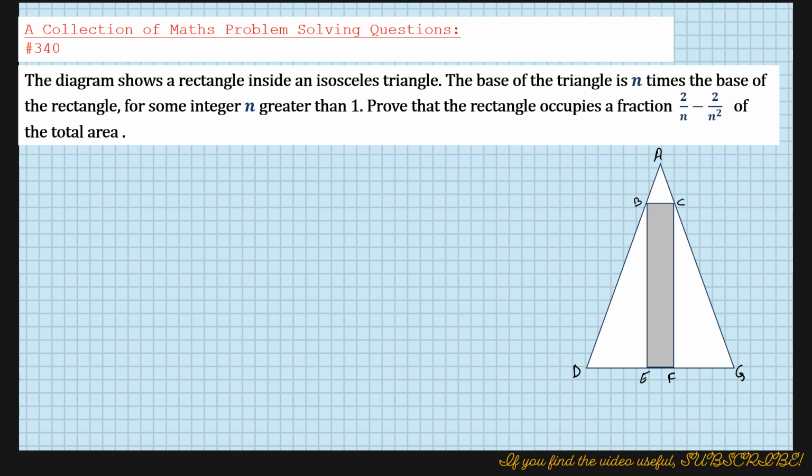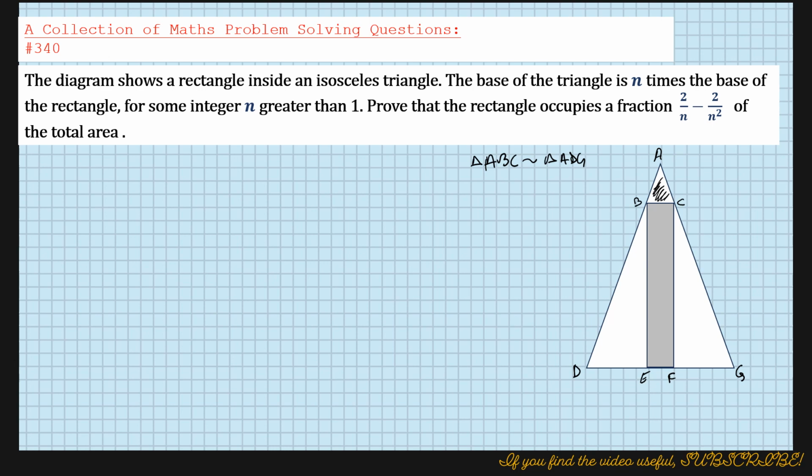Now you see the triangle ABC would be similar to the triangle ADG. So right hand triangle ABC is similar to triangle ADG.